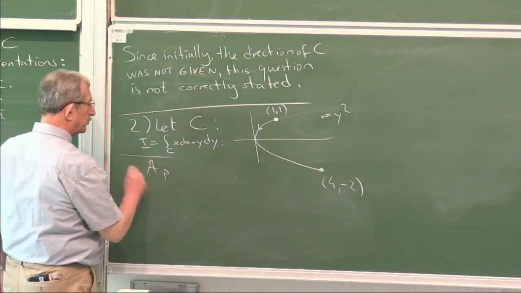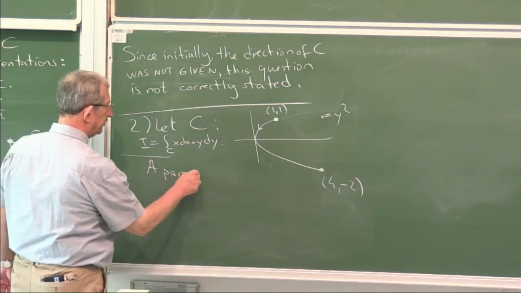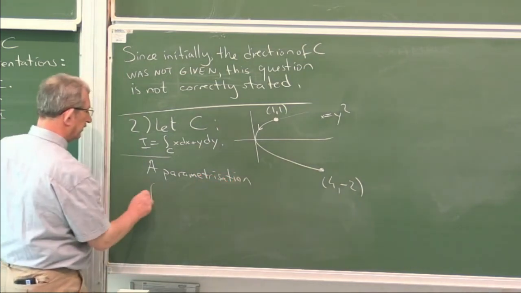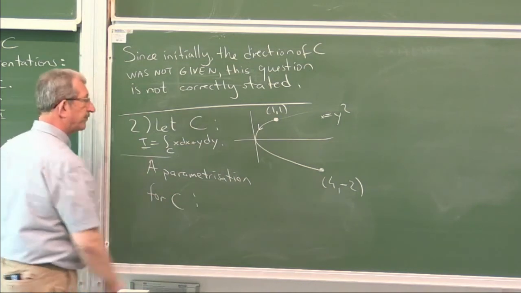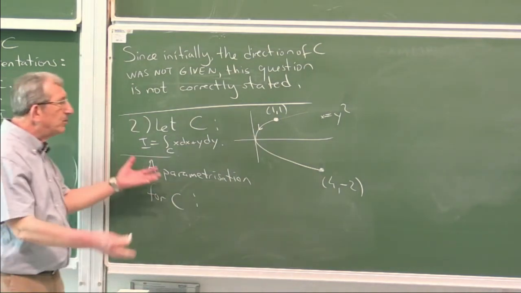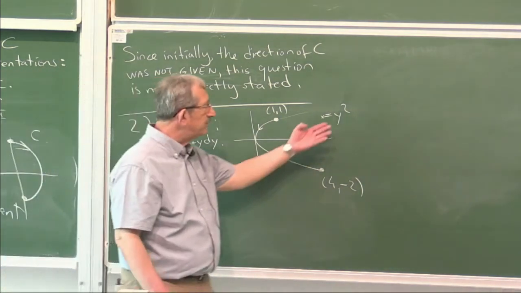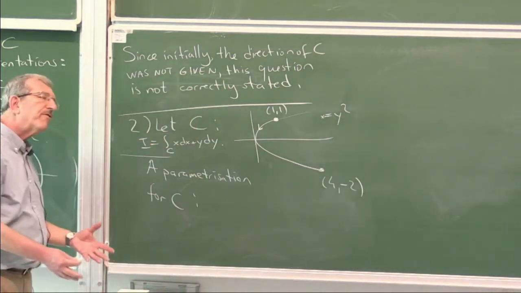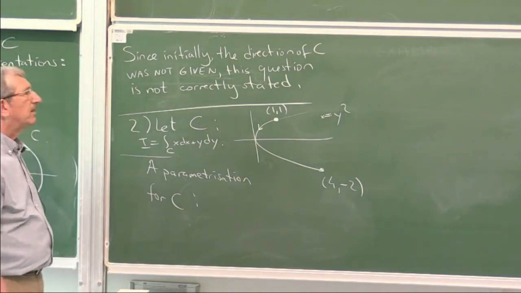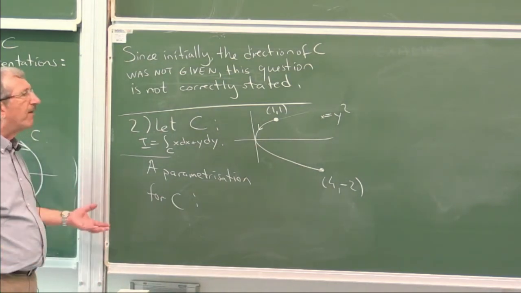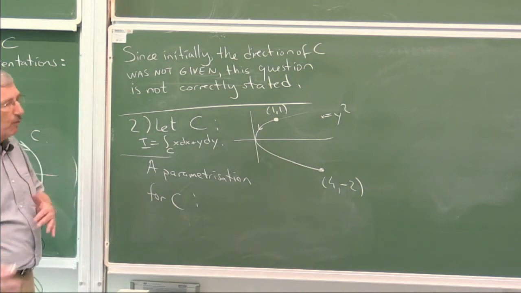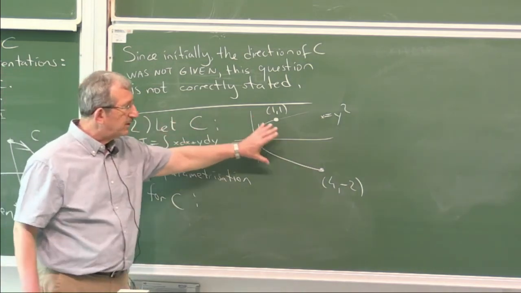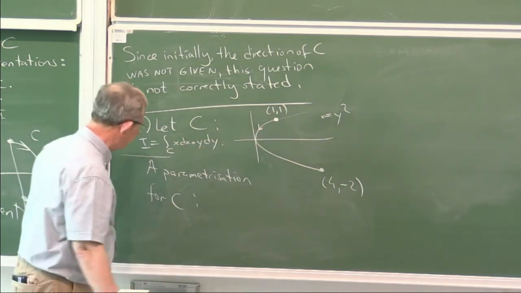Now, of course, we need a parametrization for C. A natural one: because x is a function of y, use y as the variable, and consider this as the graph of the function x equals f of y. If you look in the other direction, it's a parabola in that sense.